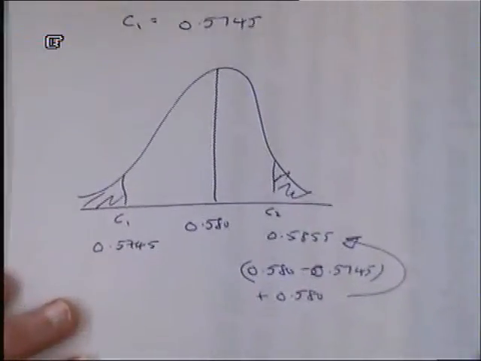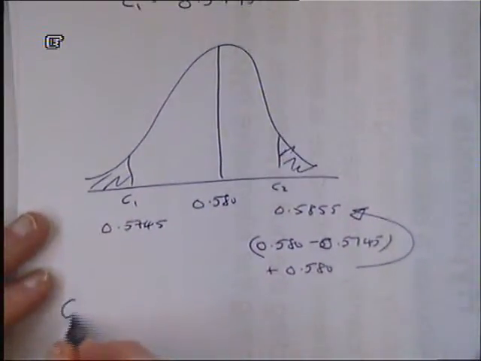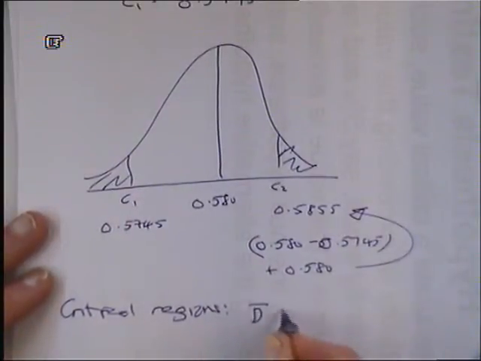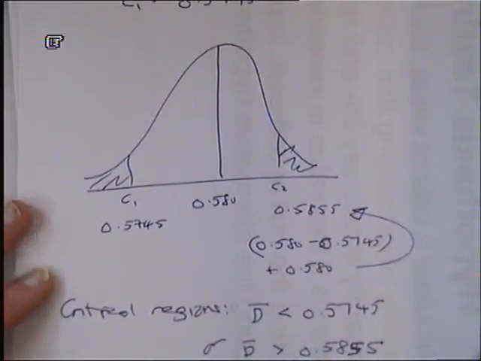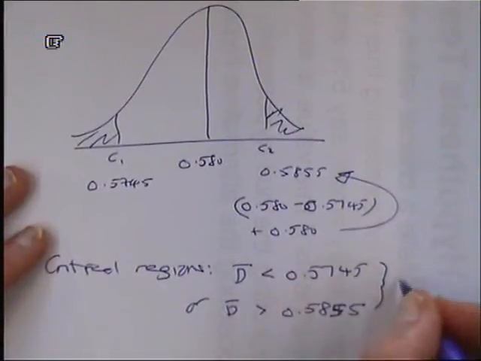Okay. So we've now worked out our critical regions. Our critical regions are as follows: if the diameter's mean is less than 0.5745, or if the diameter's mean is greater than 0.5855. If it's in those regions, then we will reject H0.